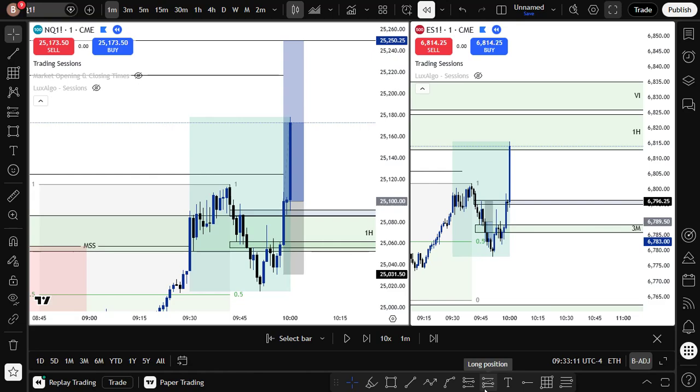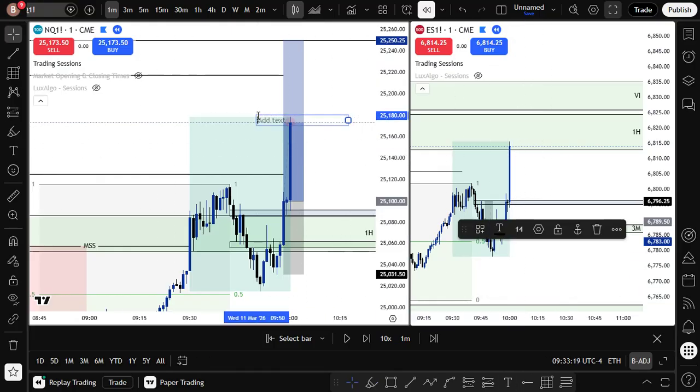So what does it say to me? I'm saying to myself that at this point I am going break even, because price comes into the strong 1 hour time frame fair value gap.